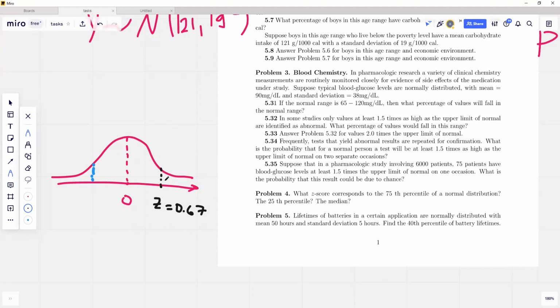So it means that we have 25% of area lying in the right tail. So what is the value of this point of the 25th percentile then, guys? So I need 25% area now lying in the left tail. So if it is symmetric about 0, guys, then it is a negative value. This is z, then minus 0.67. Okay.